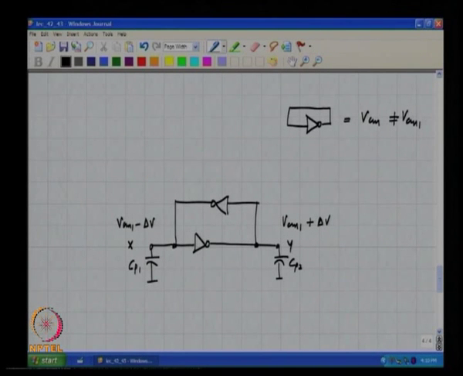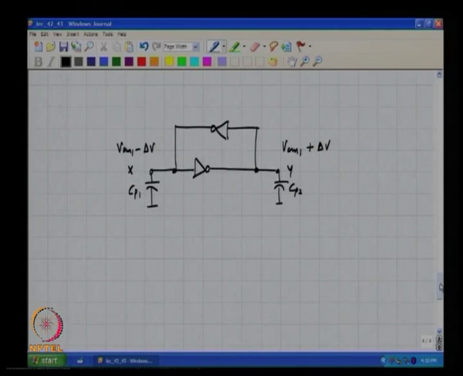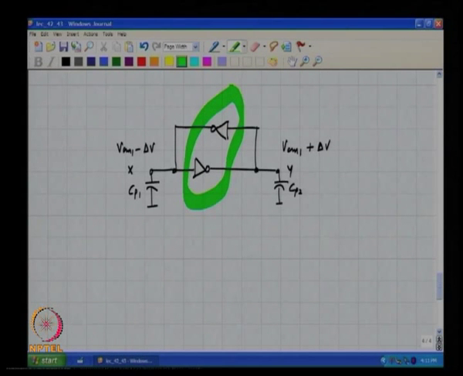Now, what do you think will happen in the very beginning? So, at the end of phi 1, these inverters circled in green are not yet turned on. So, the initial conditions on Cp1 and Cp2 are Vcm1 minus delta V and Vcm1 plus delta V. The moment the inverters turn on, what do you think happens?